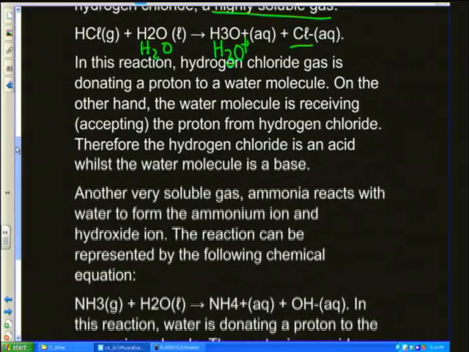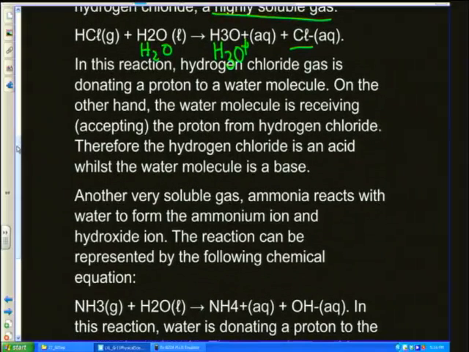All right. In this reaction, if you check, hydrogen chloride gas is donating a proton. A proton is the hydrogen ion, the H+. That's what we call a proton, the hydrogen ion.